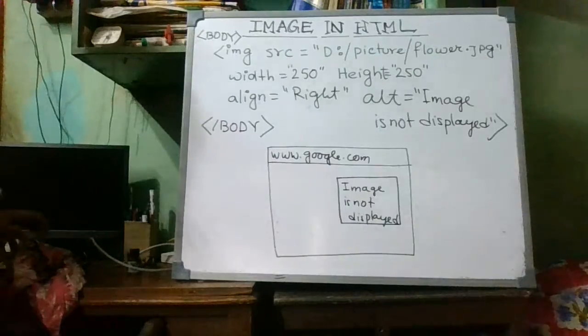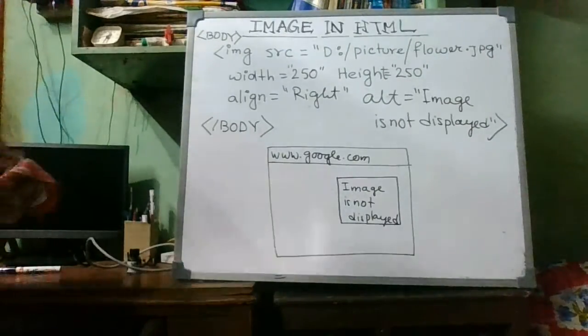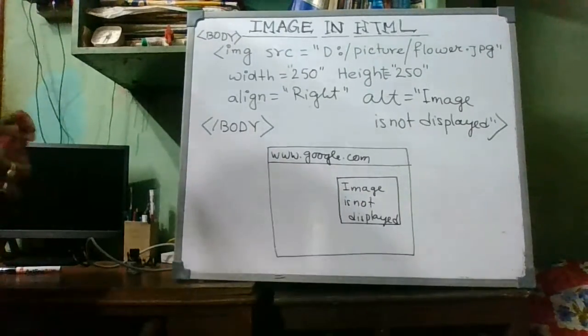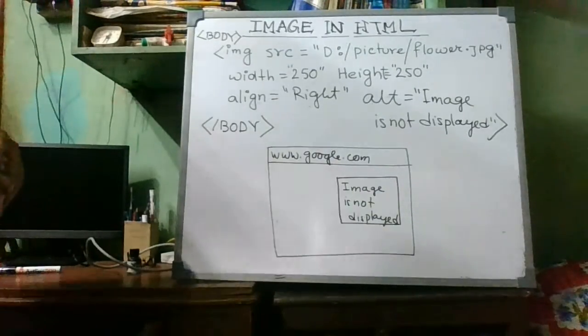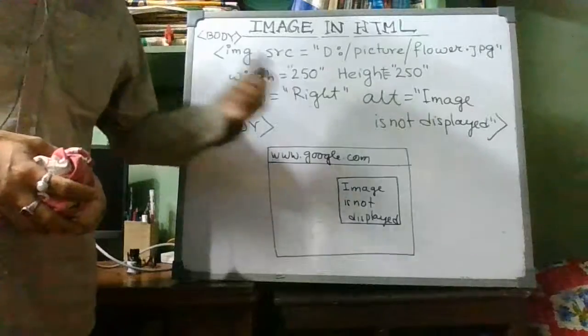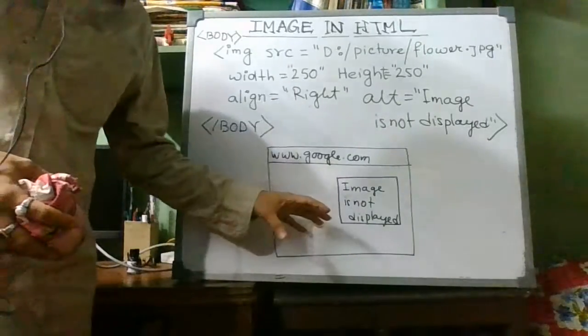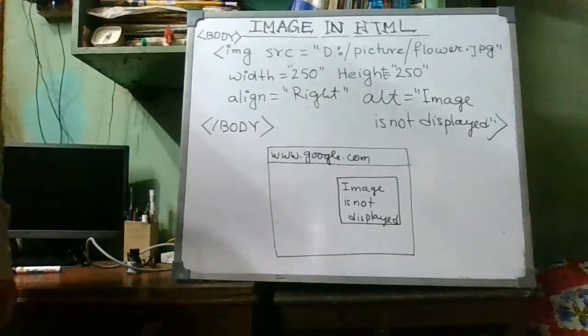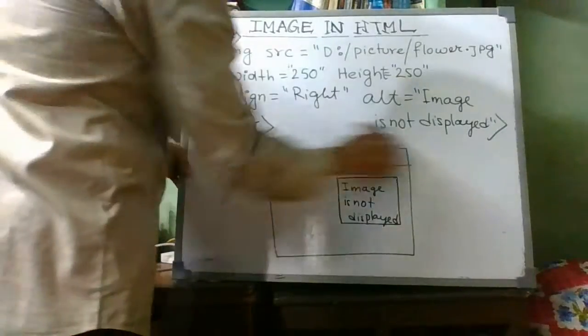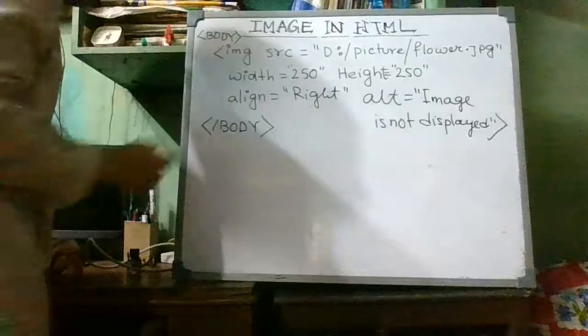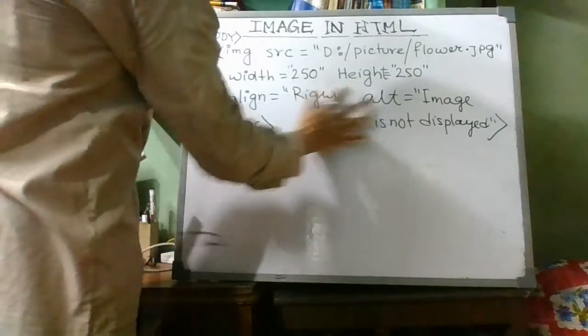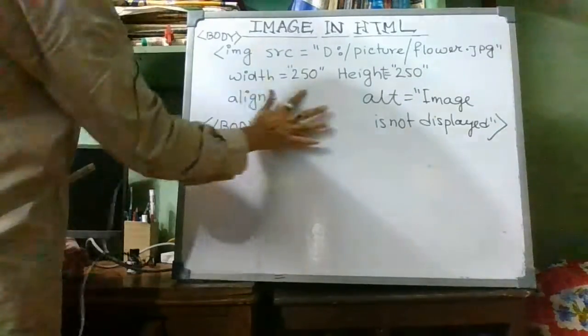So this is the img tag. Now you want to display this image at the middle of the web page. What will you do? I'm telling you another way. You can use the align property, but if you don't want to use it, you may not use it.